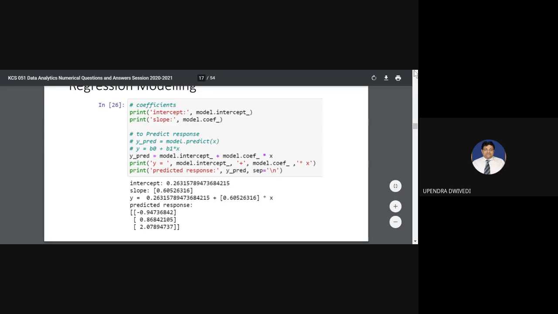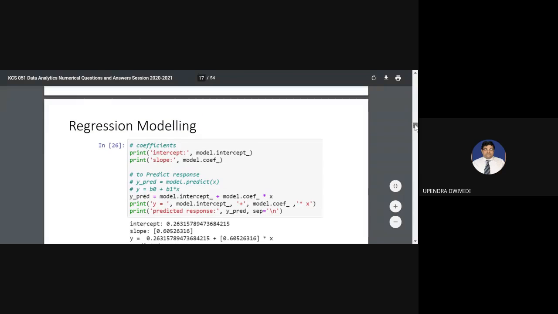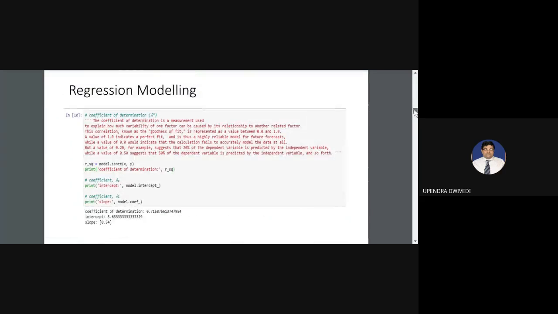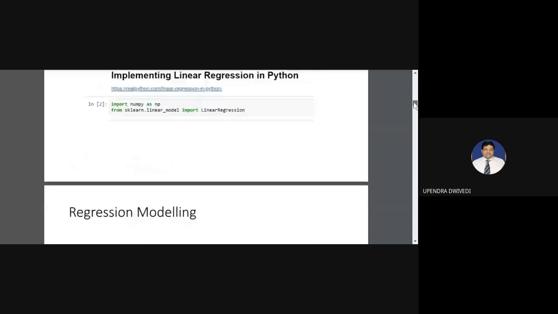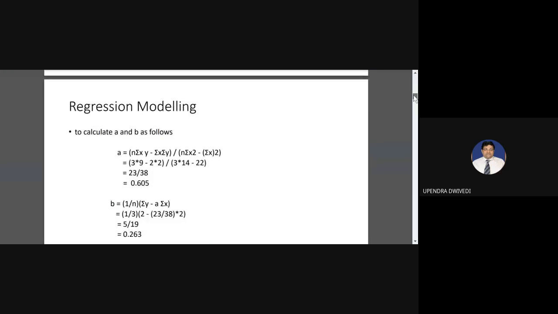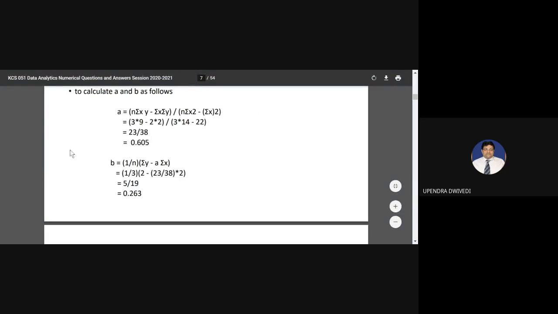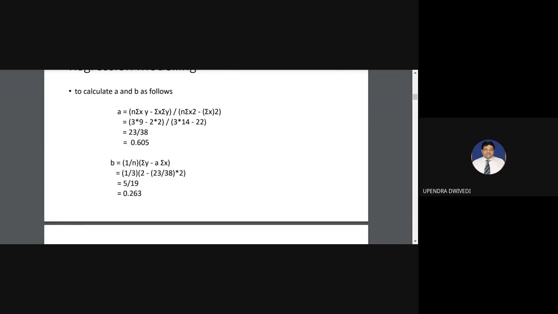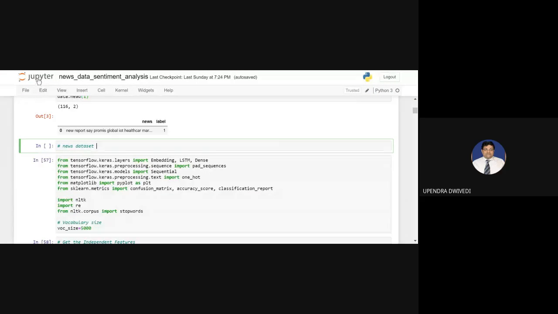If you go to our answer, you can find that the same answer is calculated here. Your values will be the same as those calculated by the model. Okay. So let me go to the program and run the whole program for your idea.